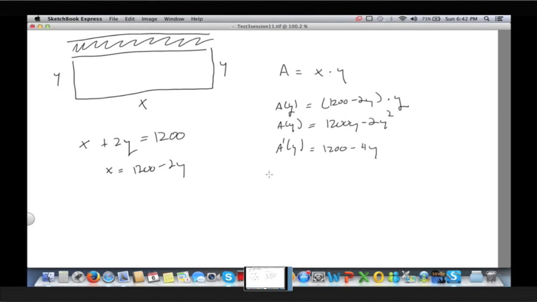So now we can set, okay, so I think y is maybe 300.